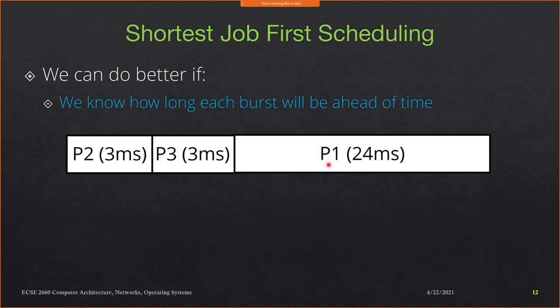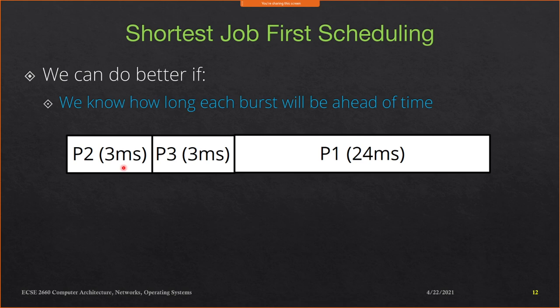If we know that, then we are going to work on the shortest first. So here we have to pick between P2 and P3. Suppose we picked P2, maybe because P2's arrival time was sooner than P3. Because it was sooner than P3, it got it first.